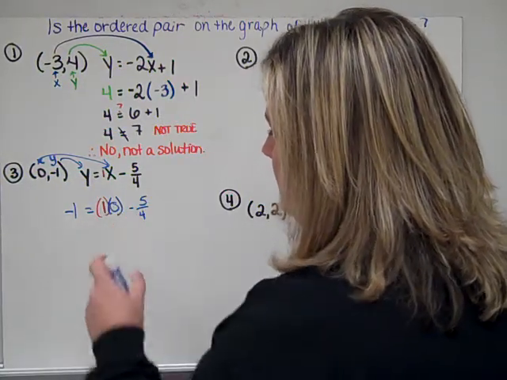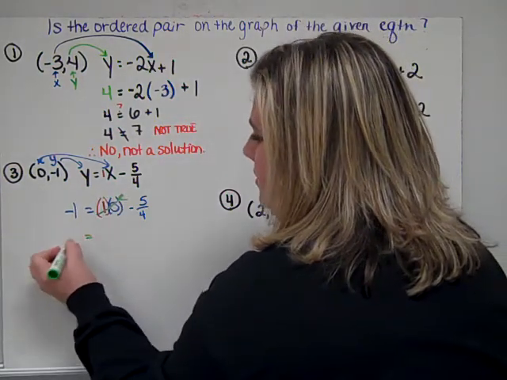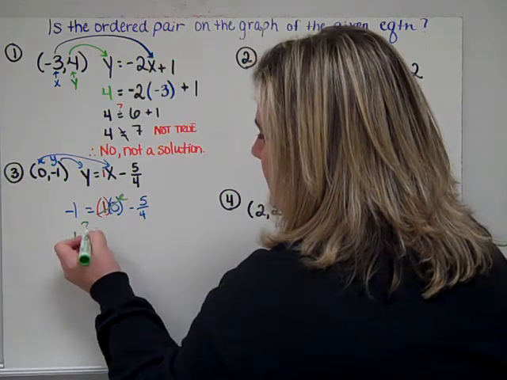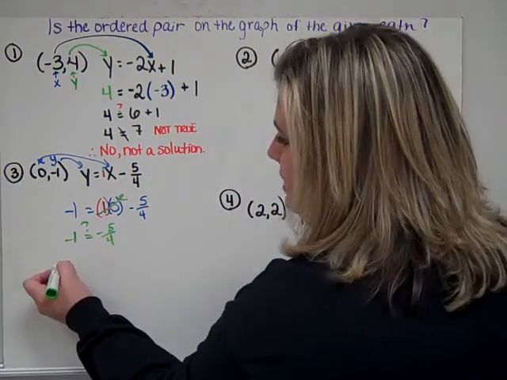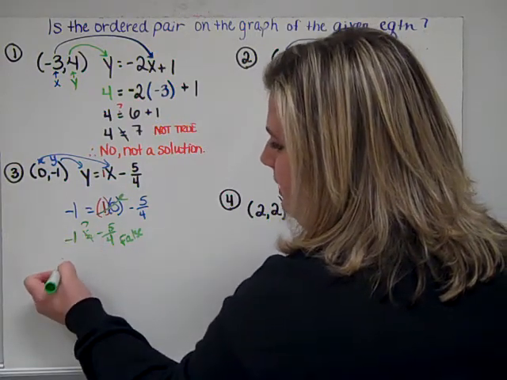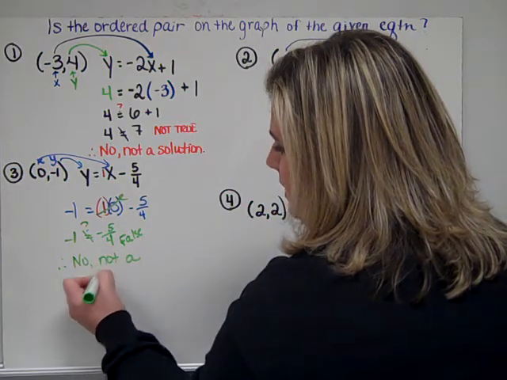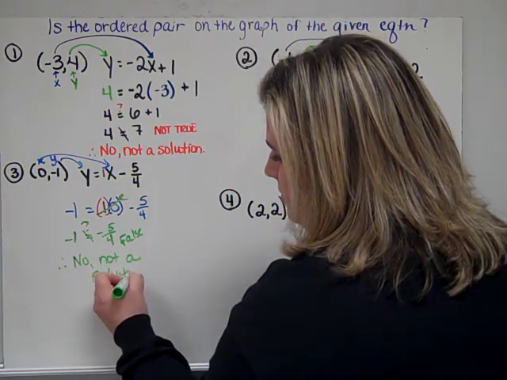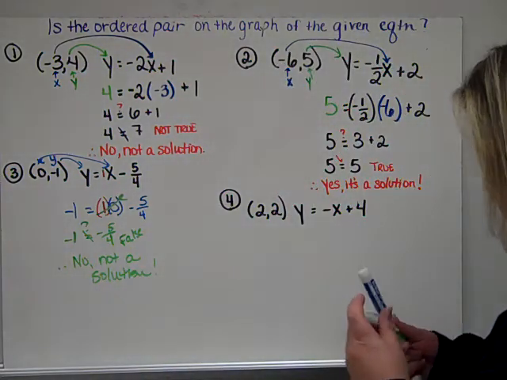So 1 times 0 is 0. So here we have -1. Does that equal negative 5/4? And we definitely know that that is a false statement. It does not equal. Therefore, this point is not a solution. Okay?